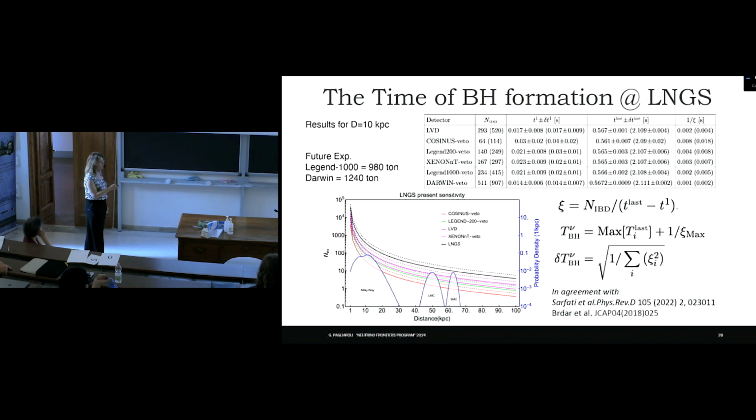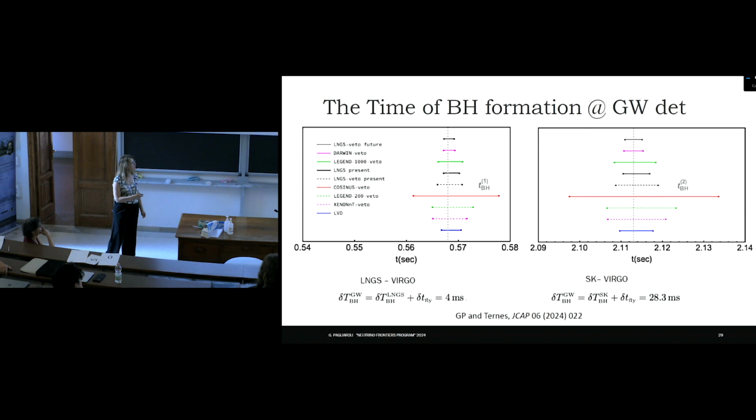So let me show you what you can obtain for the two cases that I considered. For the fast rotating black hole formation and for the slow rotating black hole formation, these are the uncertainties that you can obtain in the different detectors.